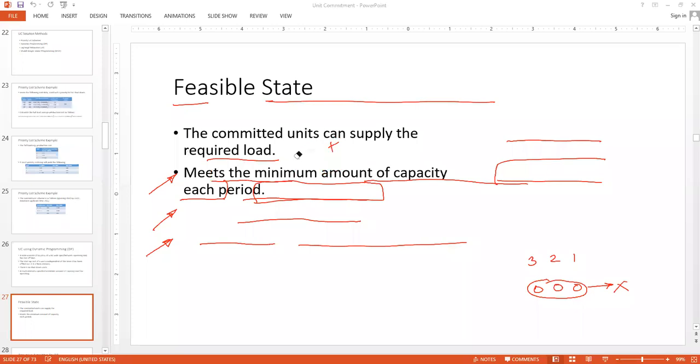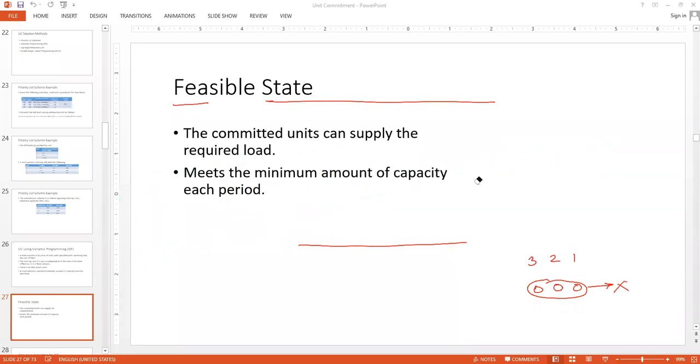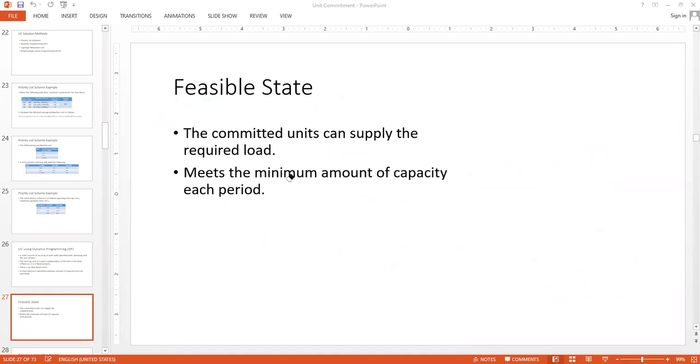Feasible state, I have already talked about the feasible state, so I don't want to go into it here. Feasible state means the committed units can supply the required load.